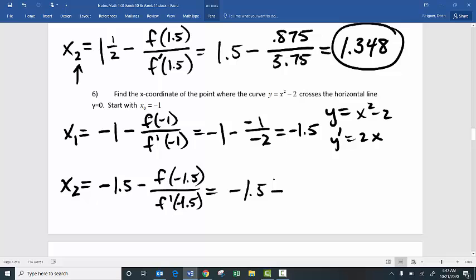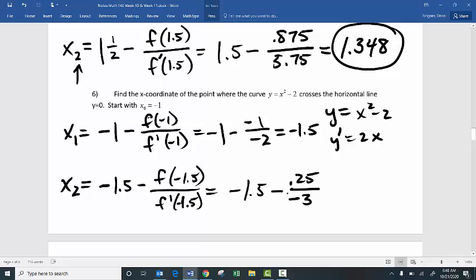So now I'll have to use my calculator. So 1.5 squared minus 2. So this one you get positive 0.25. And then you plug in -1.5 in the derivative, and you get -3. So this will be actually a positive number now. Okay?